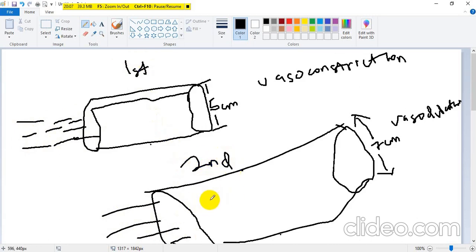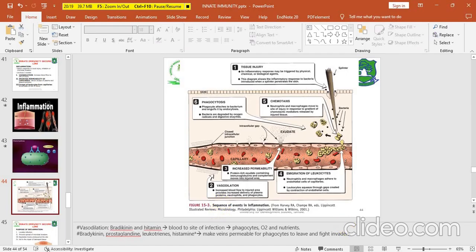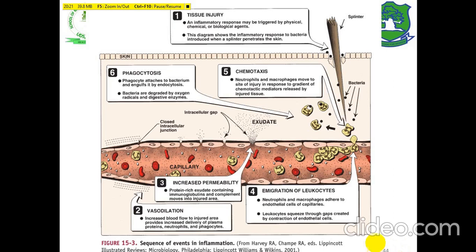I believe it is the second one. Blood will flow more here because the blood vessel is dilated. You see the diameter is very big, 7, and this is 5. So more blood flows in the second blood vessel, providing plasma proteins, neutrophils, and phagocytes to fight the infection.